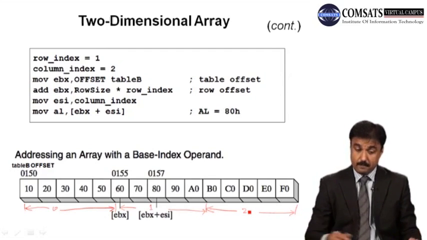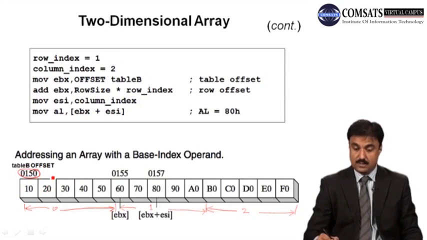So here, for example, if our base address is equal to 150 hexadecimal, we take the base plus the row index multiplied by the row size. The row size is equal to 5, the base is 150, and 5 multiplied by 1 is 5.